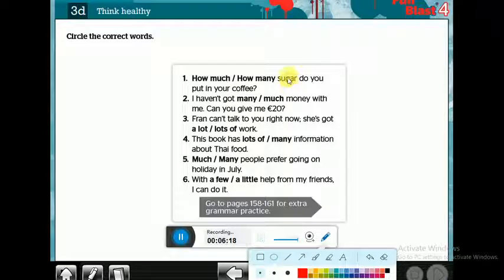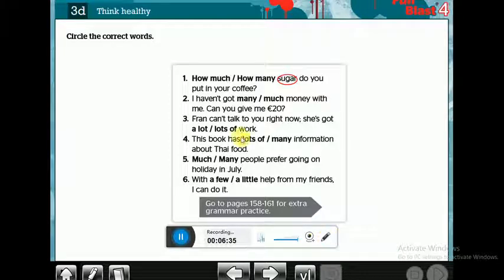Sugar, this word is an uncountable noun. So we have to use which one of those? How much, very good.